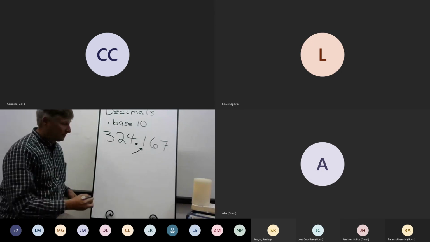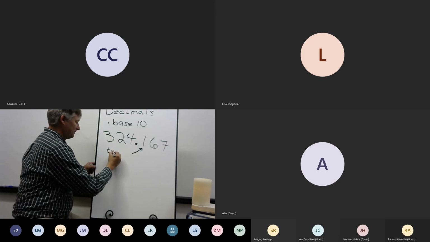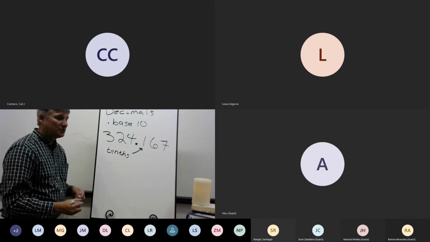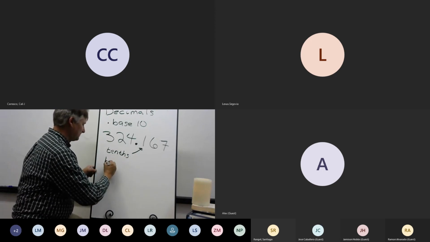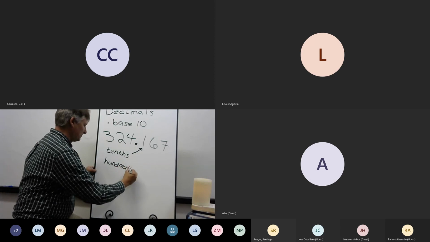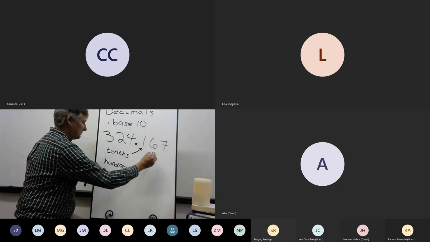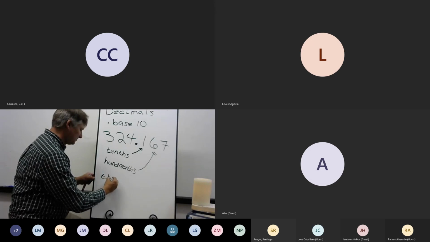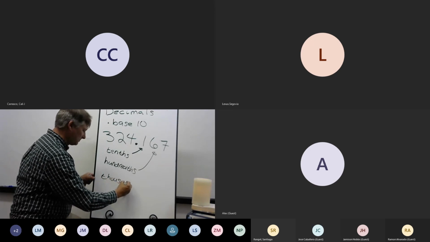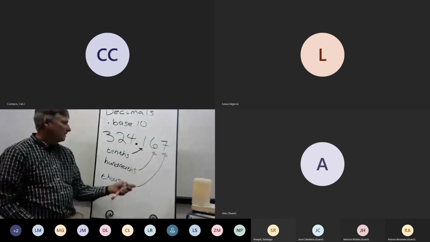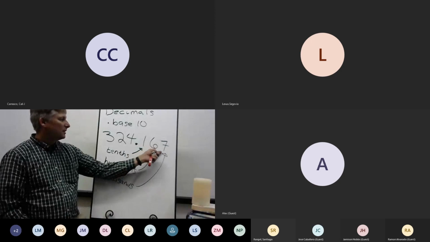This is the tenths, followed by the hundredths, and then the thousandths. So you have tenths, hundredths, thousandths.